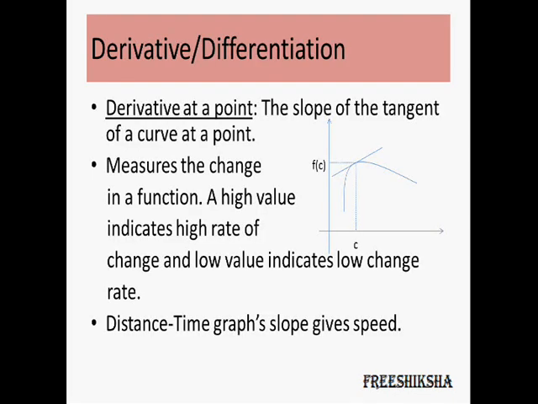So let's start by understanding what you mean by a derivative or a differentiation first. A derivative at a point is nothing but the slope of the tangent of the curve at that point.